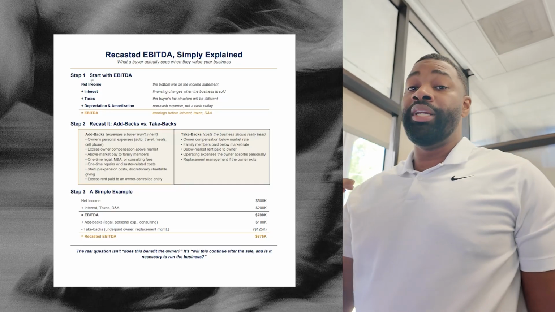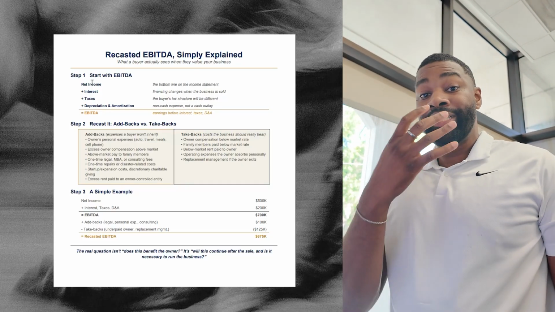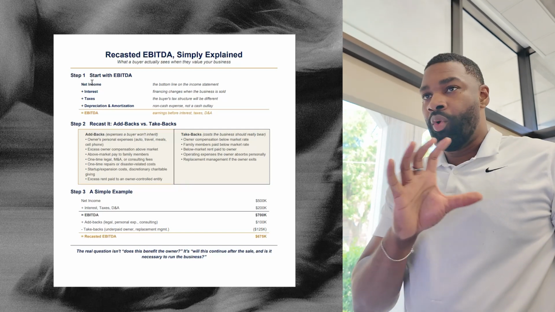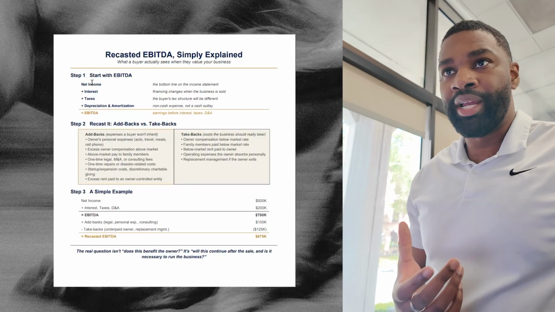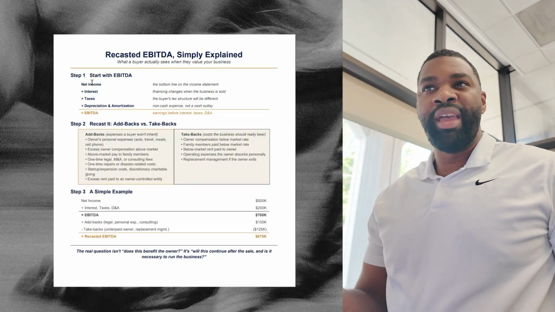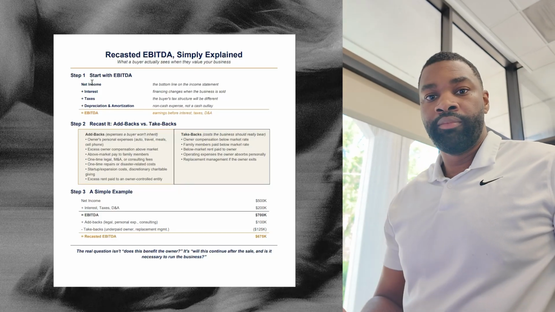But there are some things you need to reclass so the person buying your company knows exactly what they're buying. Those are one-time add backs, one-time transactions, maybe M&A or legal attorney fees that you may incur one time, but you won't incur again.